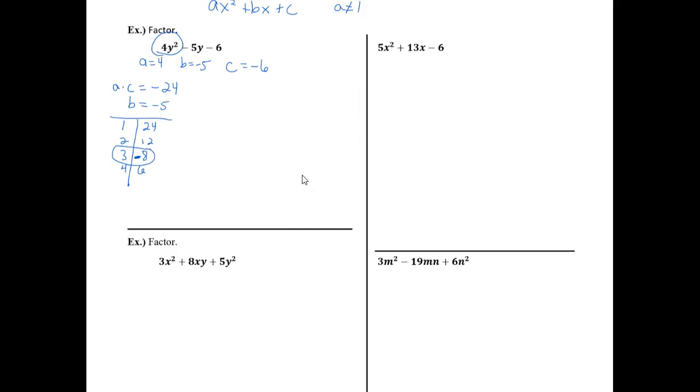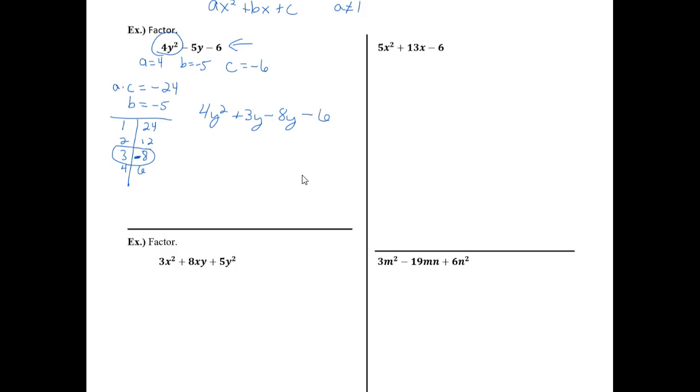So what we're going to do is rewrite our original using the middle factors of +3 and -8. So the first term would stay the same. And instead of writing -5y, I'd write +3y and a -8y, because those are the two like terms that would add up to give me the -5y in the middle.